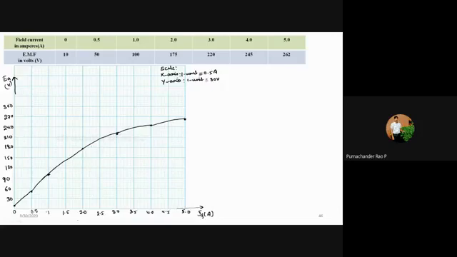So this is nothing but the open circuit characteristics at 800 RPM. So this one is the open circuit characteristics. Have all of you finished this?